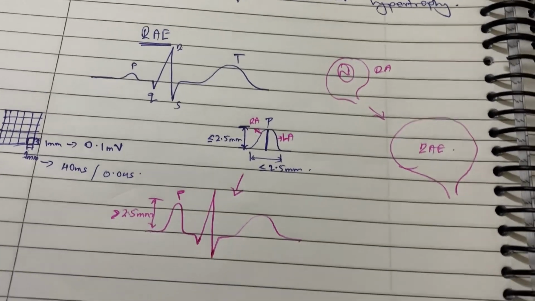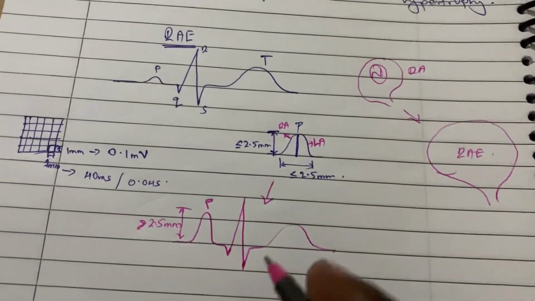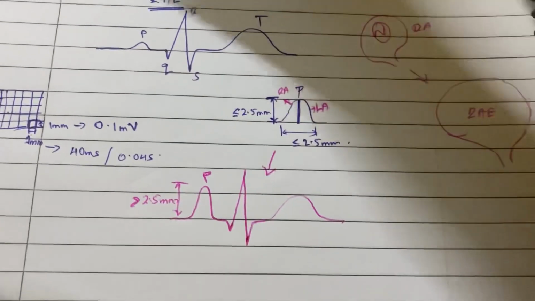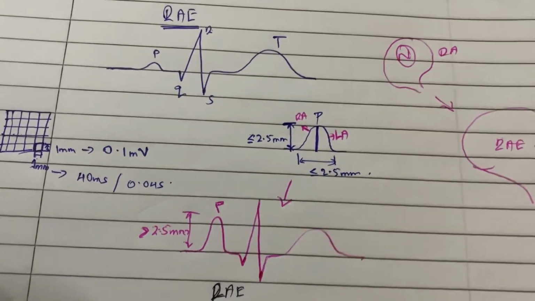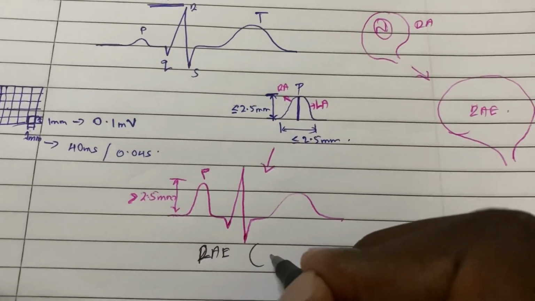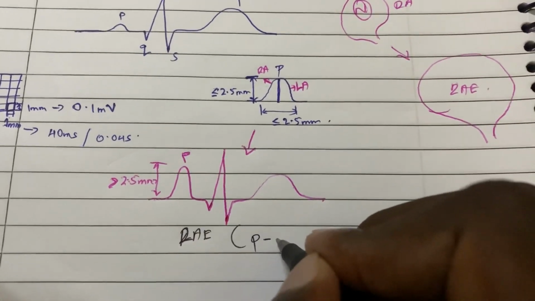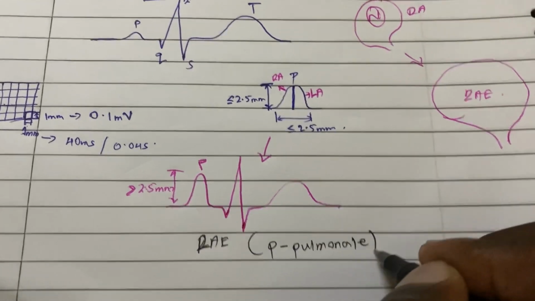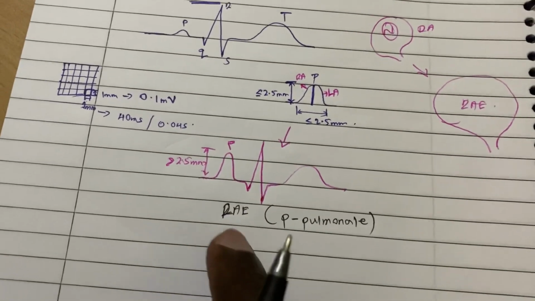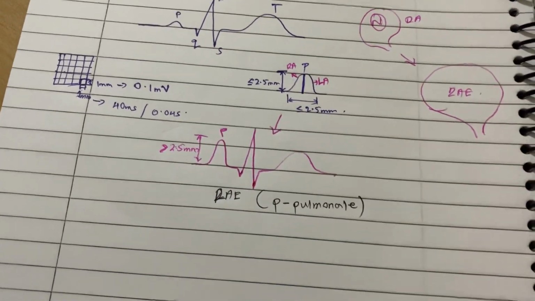Duration same, but amplitude is increased. This is called P pulmonale in right atrial enlargement.